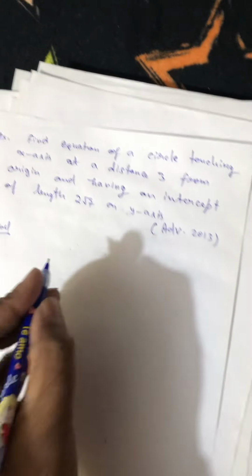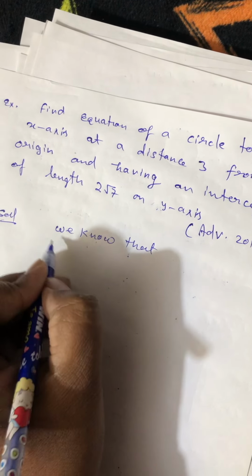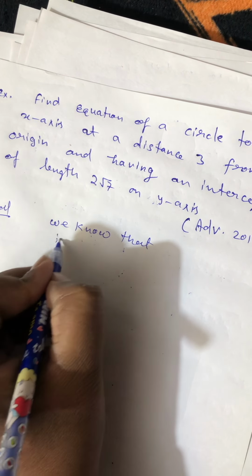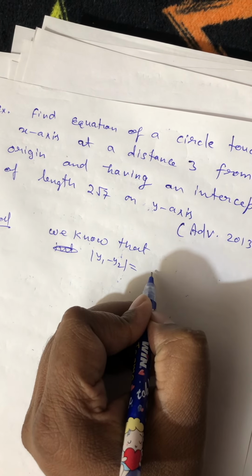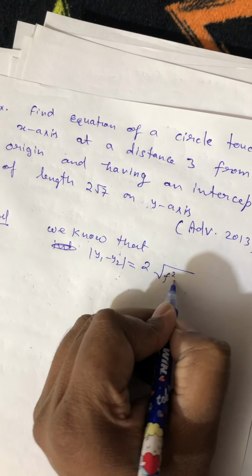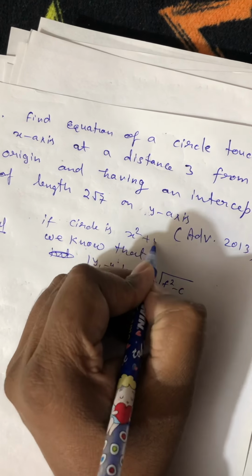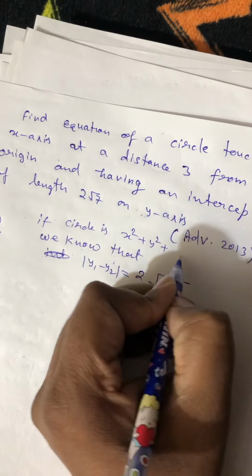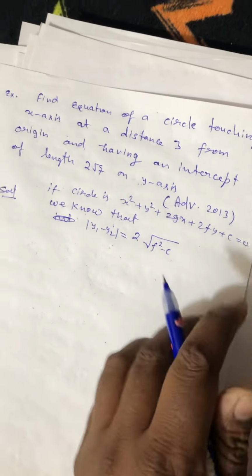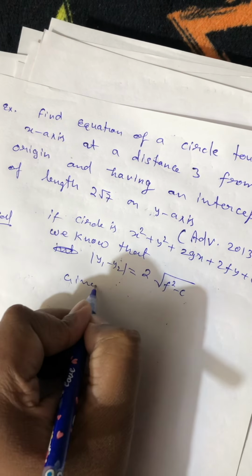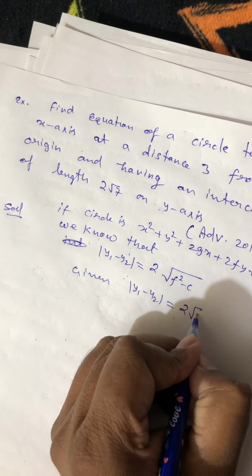2 root 7 on y axis. We know that intercept on y axis, intercept means mod y1 minus y2, if I consider that, is 2 under root f square minus c, if circle is x square plus y square plus 2gx plus 2fy plus c is equal to 0. So this is 1, but given, mod y1 minus y2 is 2 root 7.